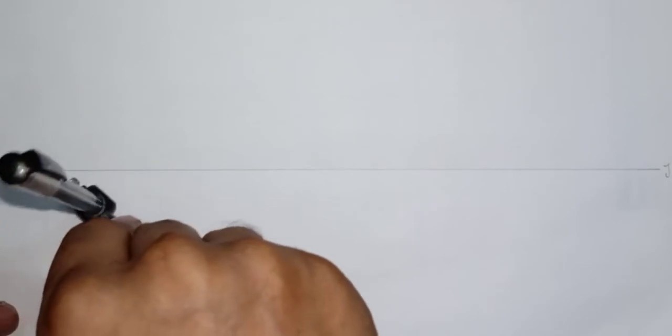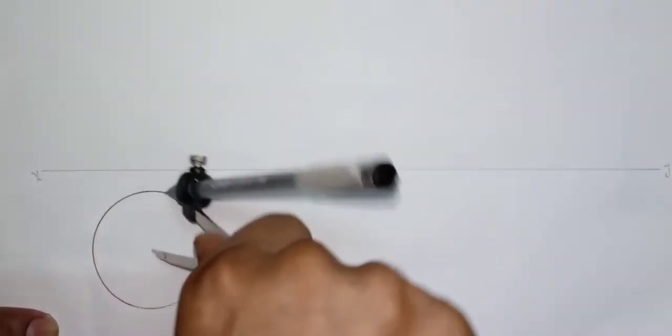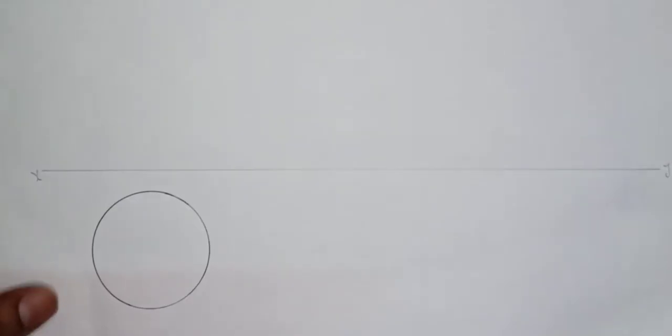Now next we have to draw the circle. We have the 50 mm diameter, so let's draw the circle with a 20 mm radius. So this is the circle.